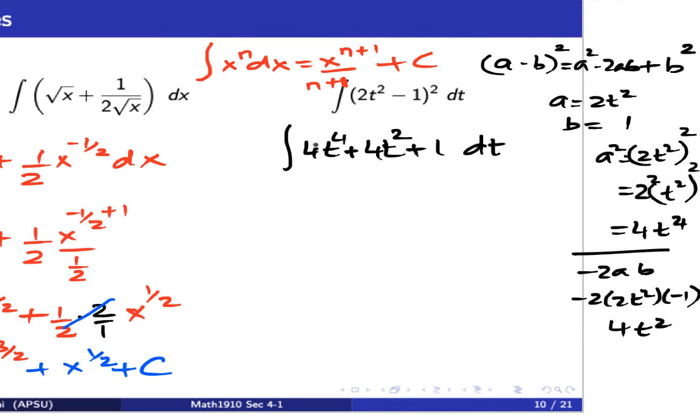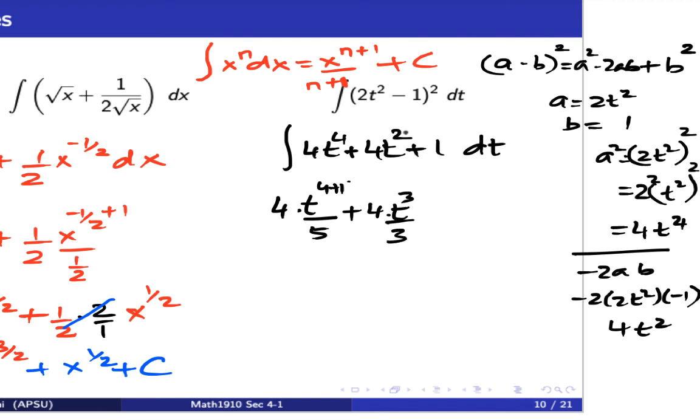Let's go ahead and now just apply it. The integral is basically applying the power rule. And remember, this is a constant multiplied, so you just take that out. So this is 4 times t to the 4 plus 1, and 4 plus 1 is 5, over 5. Minus 4t to the 2 plus 1, which is 3, over 3.